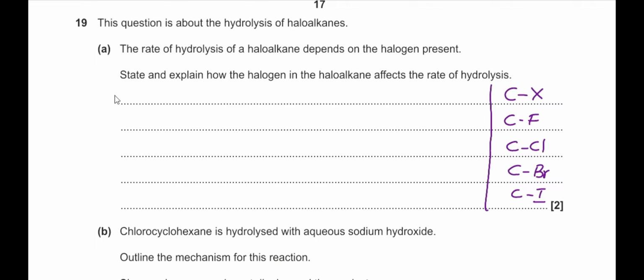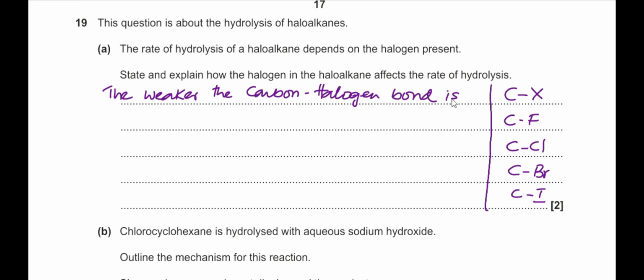So let's write the weaker the halogen or the carbon halogen bond is, the faster will be the hydrolysis reaction.